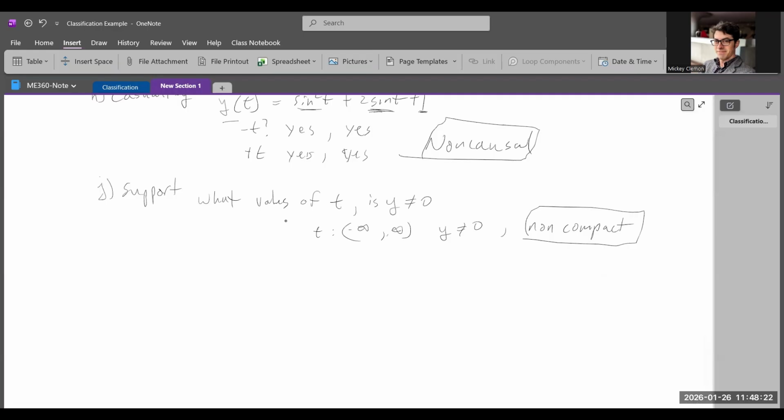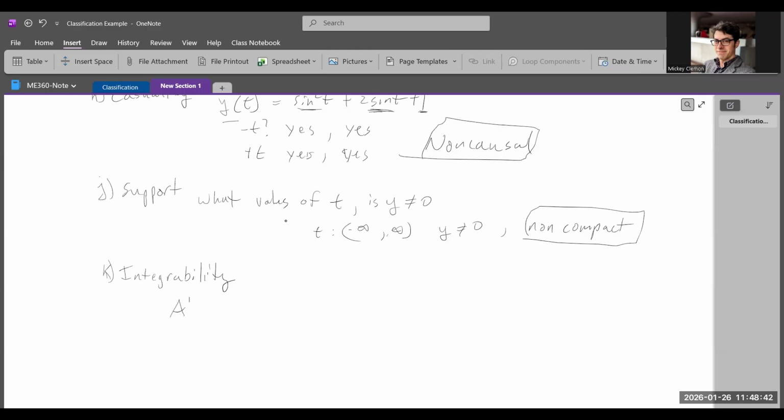Next we have causality, regularity, support, integrability. H, I, J, K. That's K. Integrability.